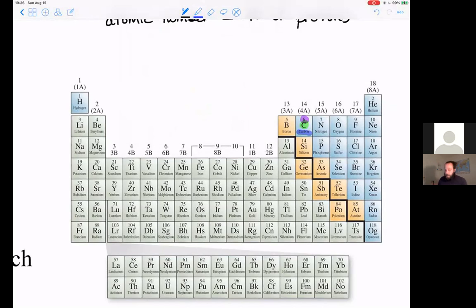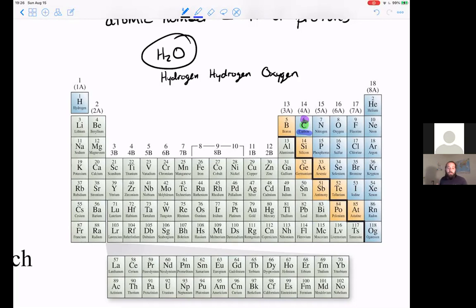So basically every element has been given this shorthand symbol, and that's really just because scientists are lazy, and we don't want to have to write out, for H2O, which is water, hydrogen, oxygen, or something like that. We want to be able to abbreviate it as H2O, right? So that's why we have these chemical symbols.